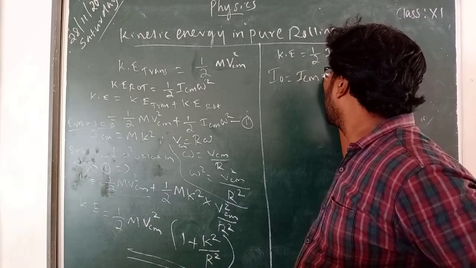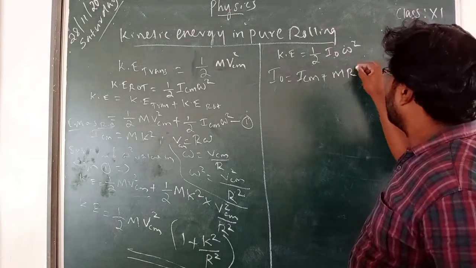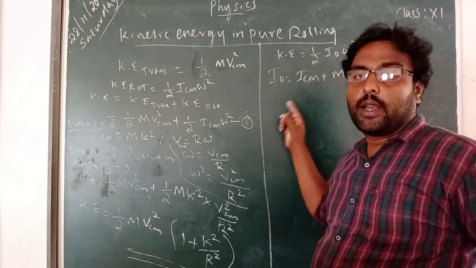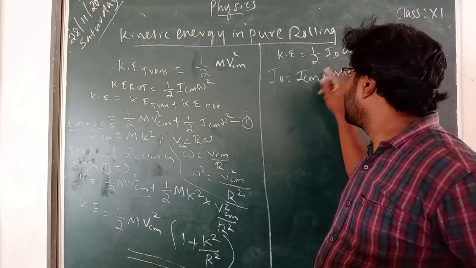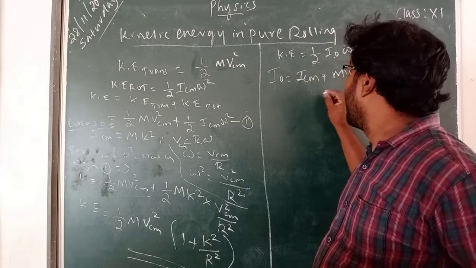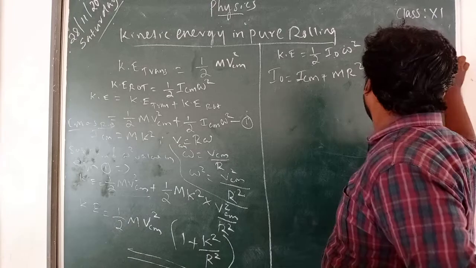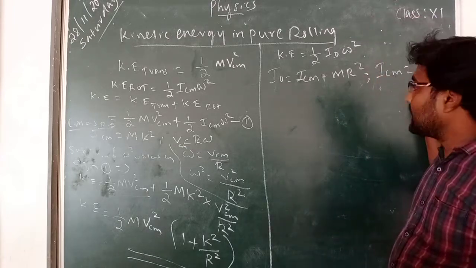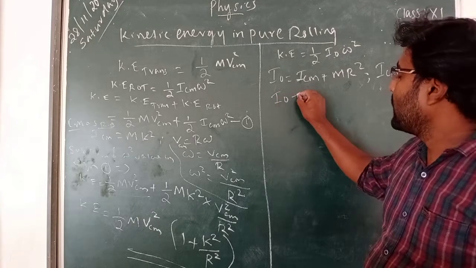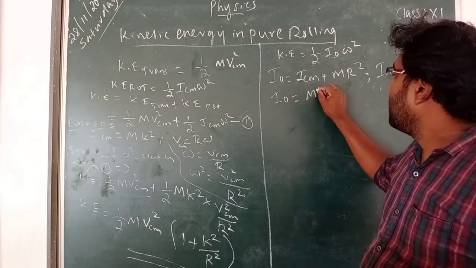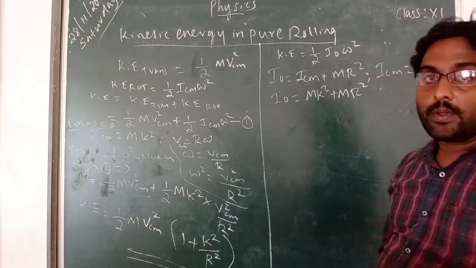ICM plus m r square. ICM means what? m k square. So substitute this ICM value in this equation. So I0 is equal to m k square plus m r square.